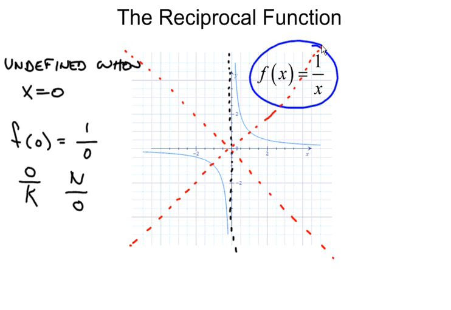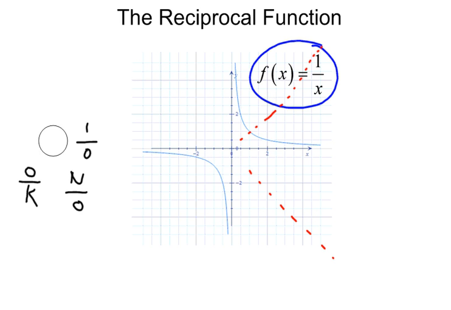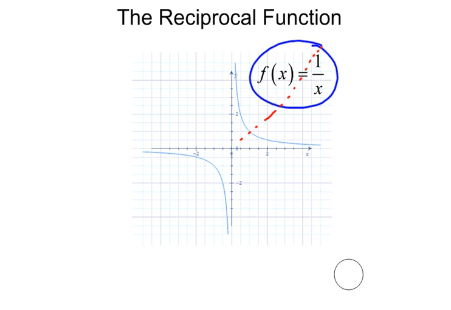Looking at some of the end behavior and some of the other behaviors of this function, we can take a look at what happens as x approaches 0, as x approaches infinity, and just look at the behavior of this function in those areas. So let's start looking at that next.